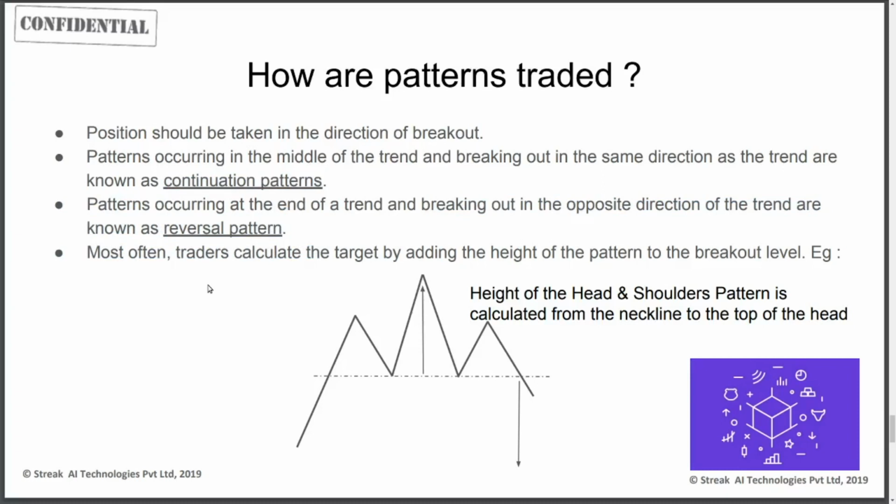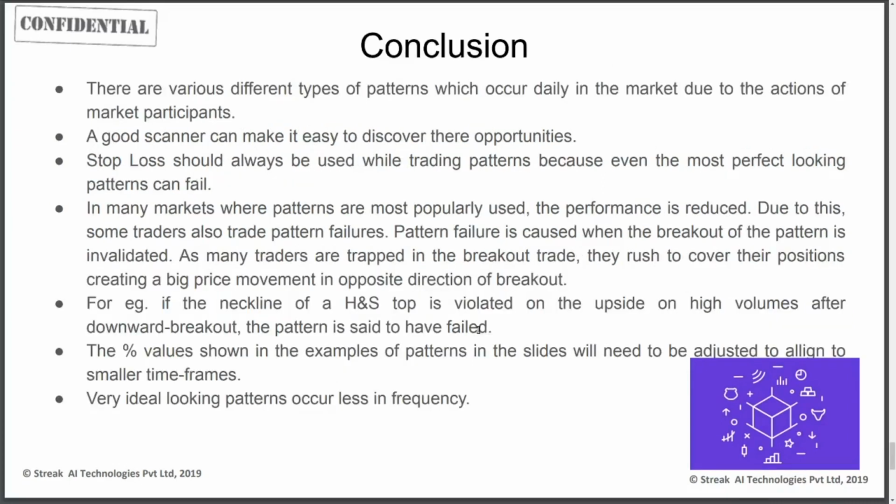Most often traders calculate the target by adding the height of the pattern to the breakout. The height of the head and shoulders pattern is calculated from the neckline to the top of the head, but that is very strict. You can also try to be a bit more realistic and conservative, and say the height of a shoulder as well, right?